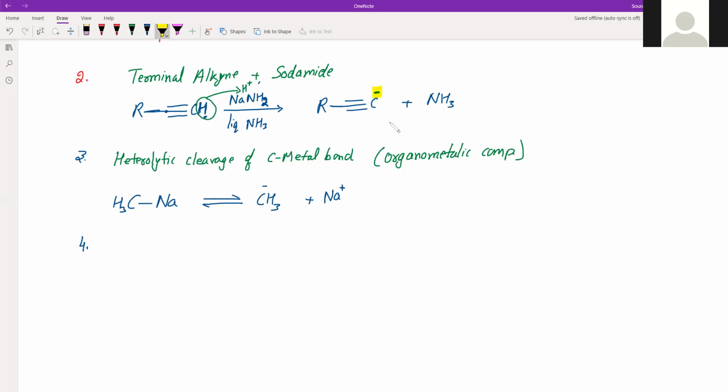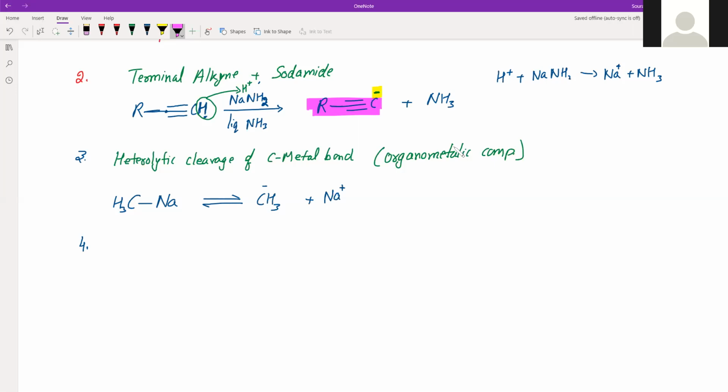Right? And that H plus will now replace this Na in NaNH2. So this H plus will now combine with the NH2 and this will give you Na plus and NH3, and then Na, whatever is there, will again react with that. So our major concern is about this compound, this is our major product, right? So that was the second step.